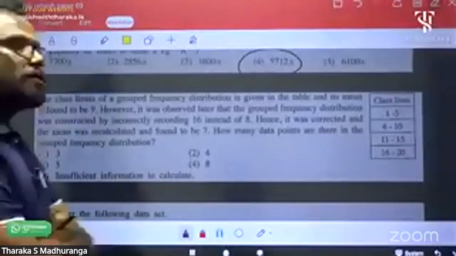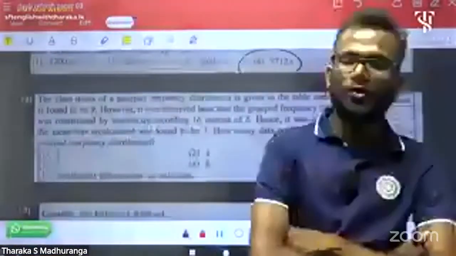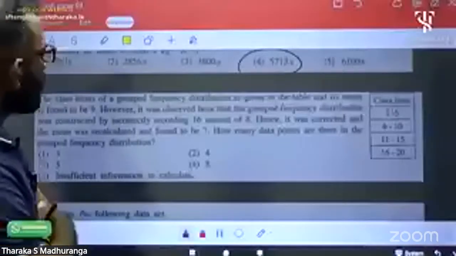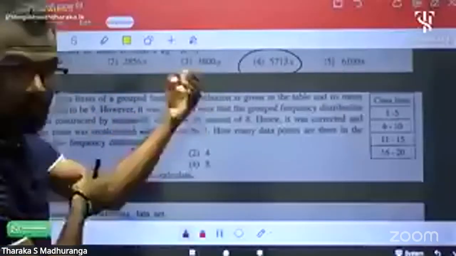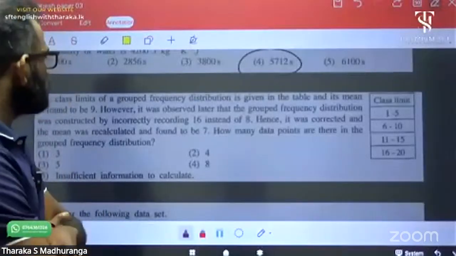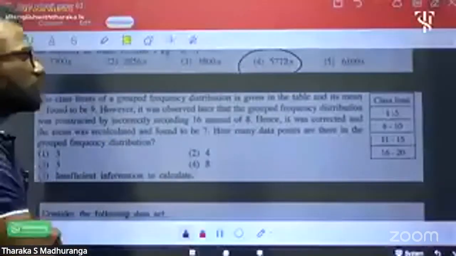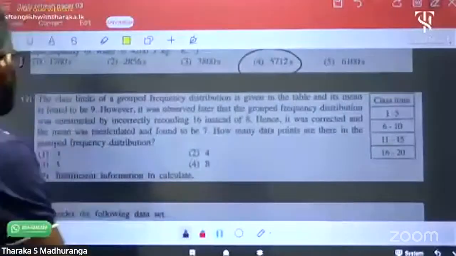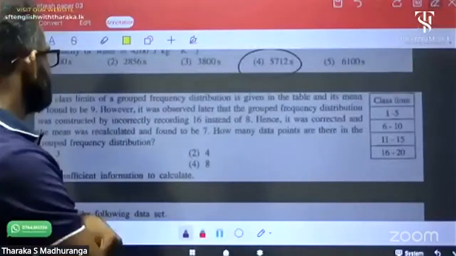Okay, question number 12. It is tomorrow's lesson, group frequency and ungrouped frequency distributions. The class limits of a group frequency distribution are given in the table and its mean is found to be 9.